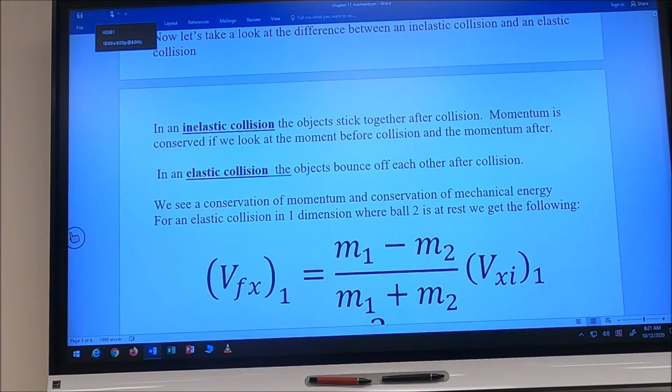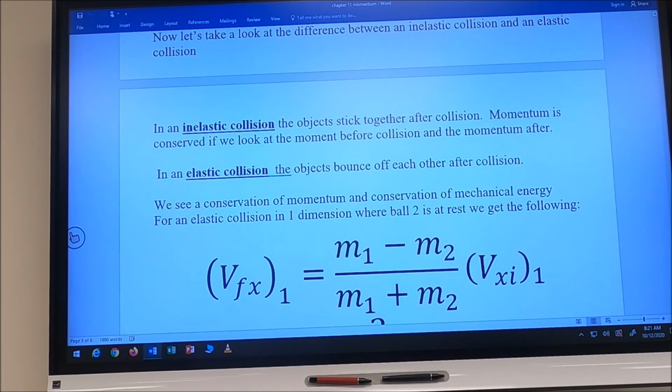In an inelastic collision, the objects stick together after collision. Momentum is conserved, if we look at the moment right before collision and right after collision. In an elastic collision, the objects bounce off each other after collision. We see conservation of momentum, and we also see conservation of mechanical energy. We'll talk more about that later.